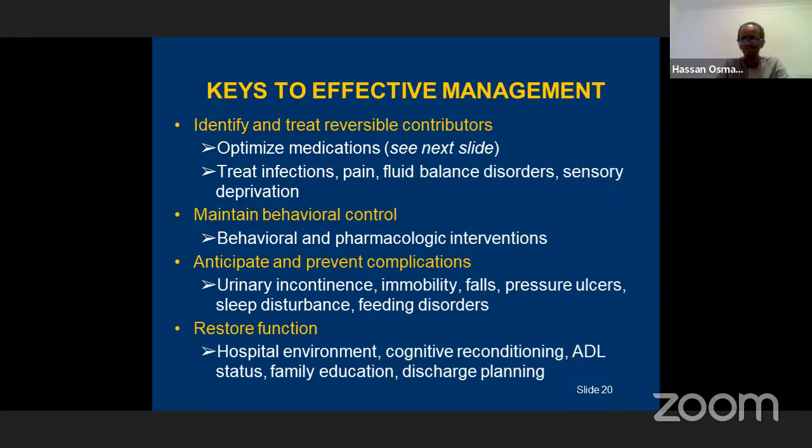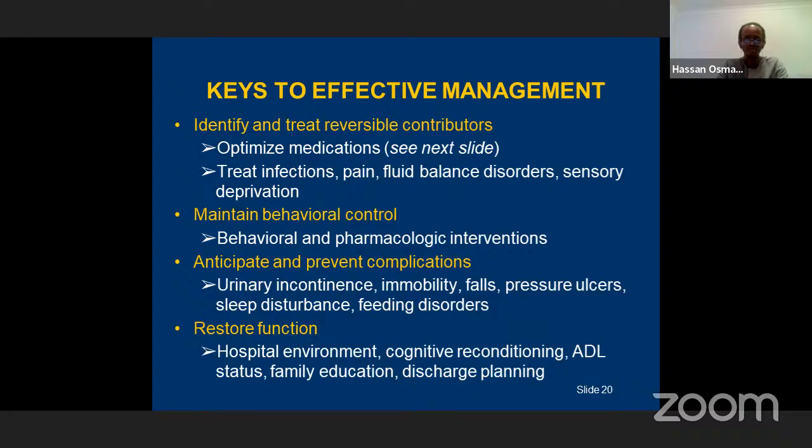If the person has dehydration or any kind of mineral disorder, you should deal with them. As we mentioned also, if the person has a problem with eyesight or hearing, you should also think about that. Maintain behavioral control, with behavioral and pharmacological intervention.